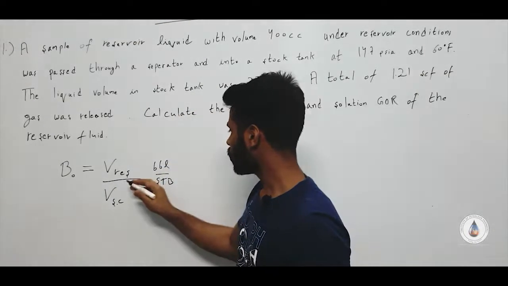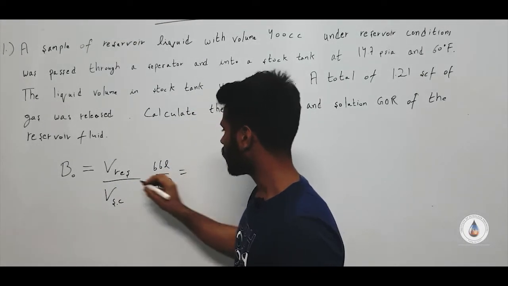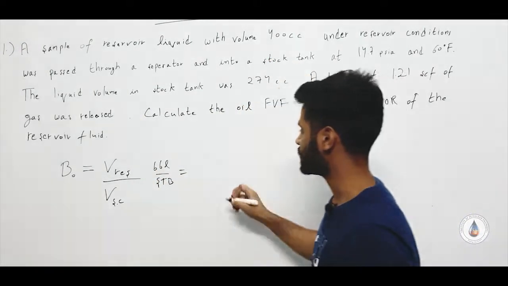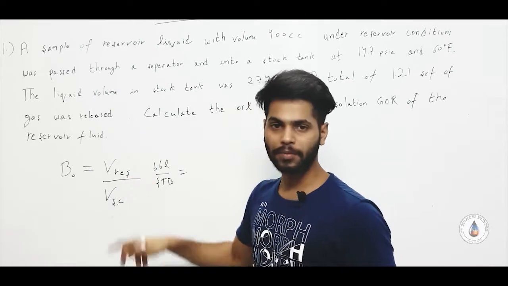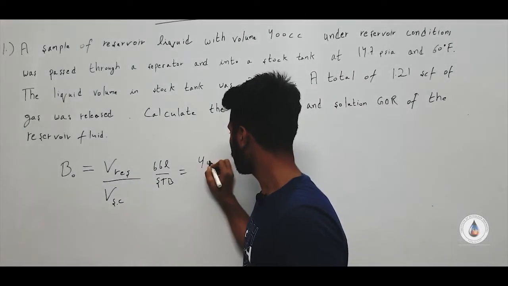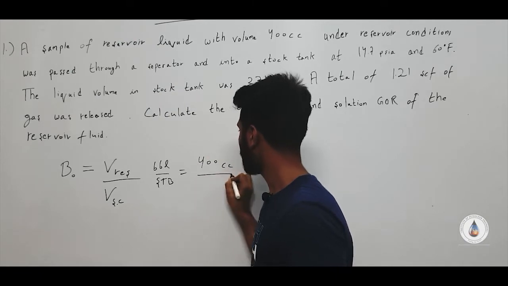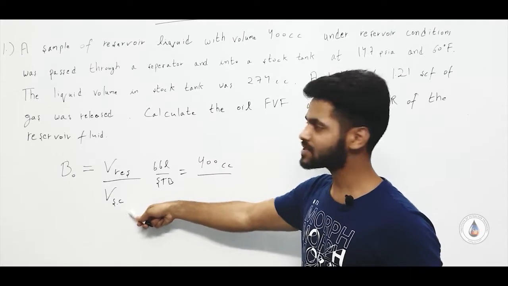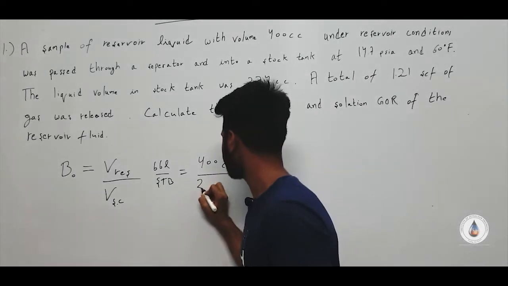My volume of oil at reservoir condition is given as 400 cc. Mind it, this volume includes the dissolved gas as well. So this is 400 cc upon volume of oil at surface condition, 274 cc.